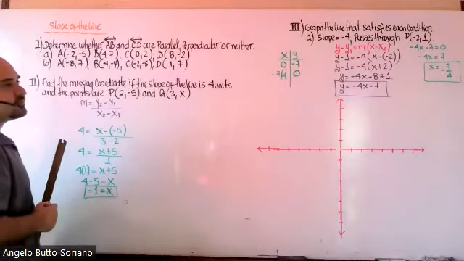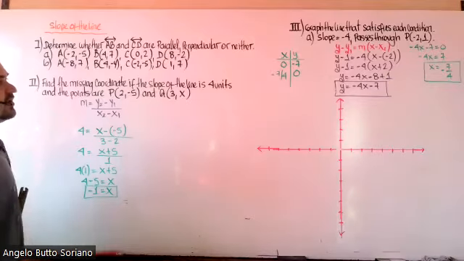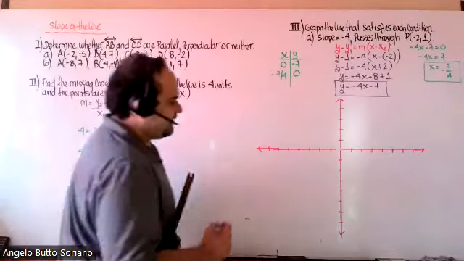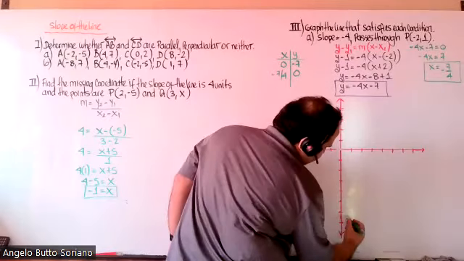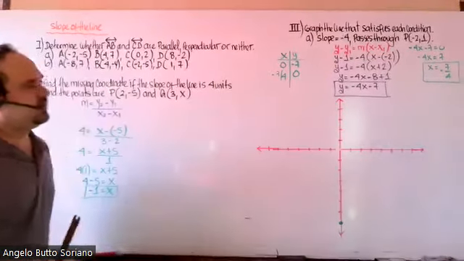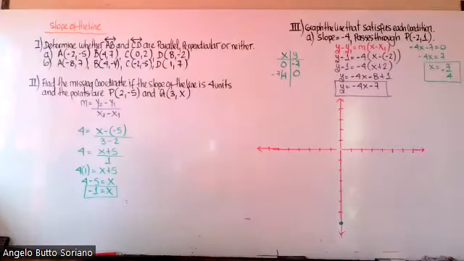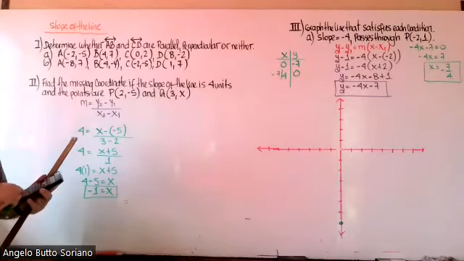Okay, let's sketch the graph. For example, the first point, (0, -7), will be okay. 1, 2, 3, 4, 5, 6, 7. This is going to be the first intercept point. -7/4: remember, we must divide 7 by 4.